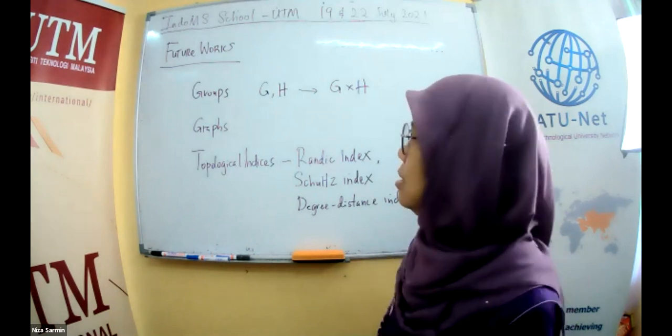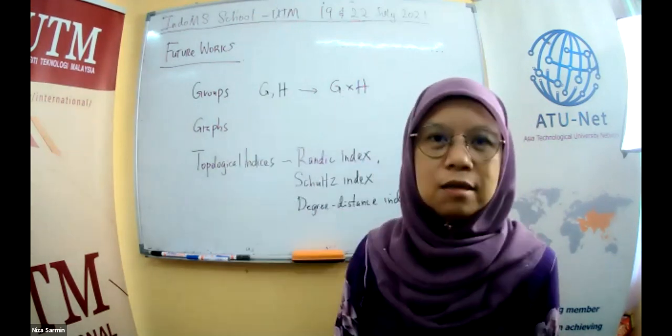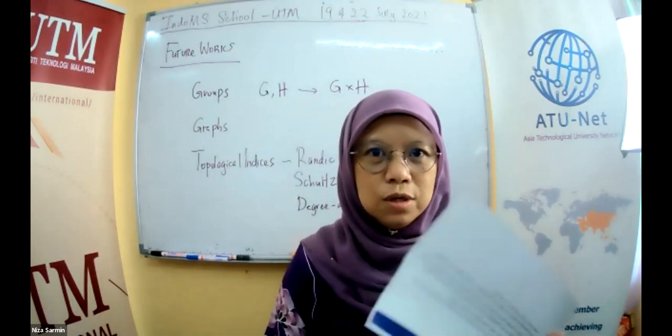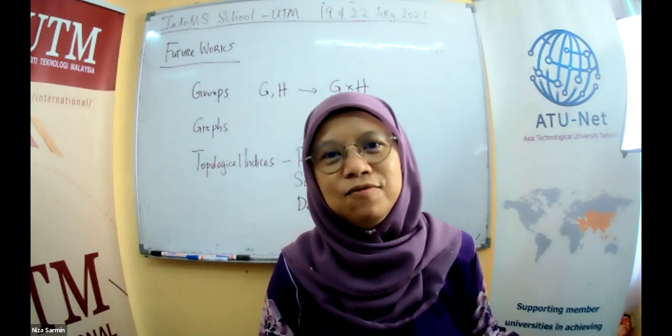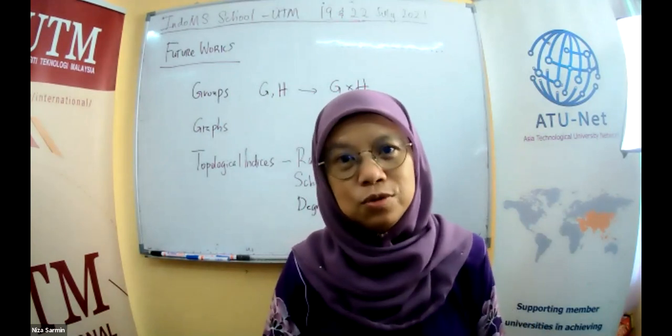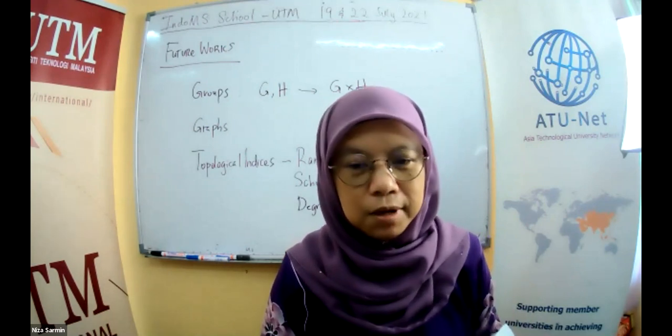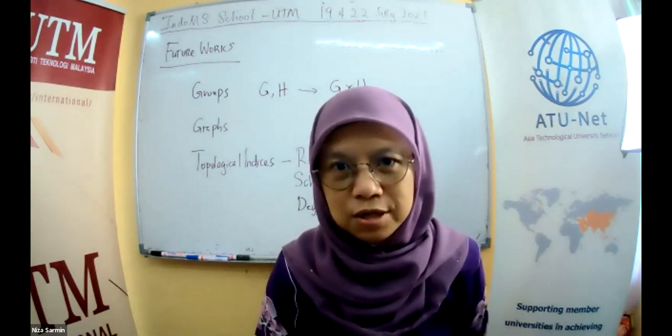So these are just some other things that we can do, but make sure you do the background check on whether people have done it or not. These are just to give some ideas about further research that you can do.